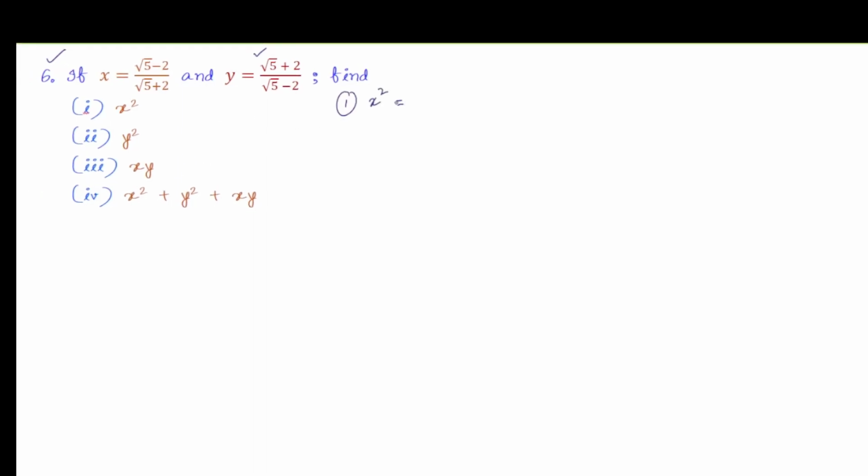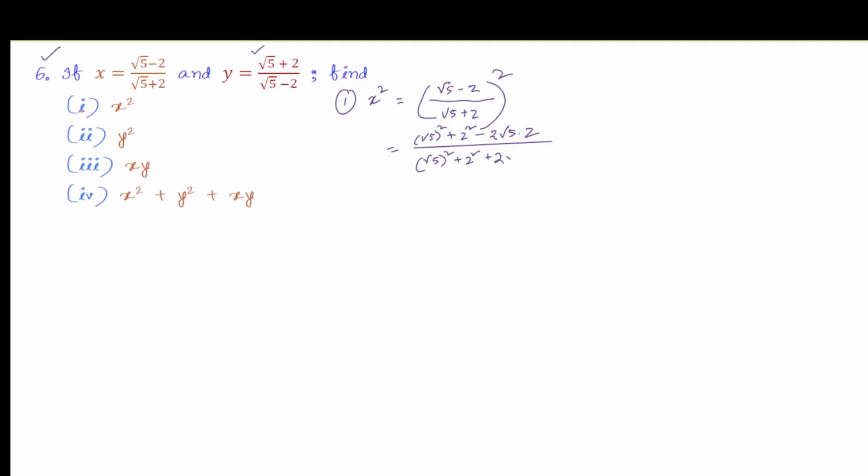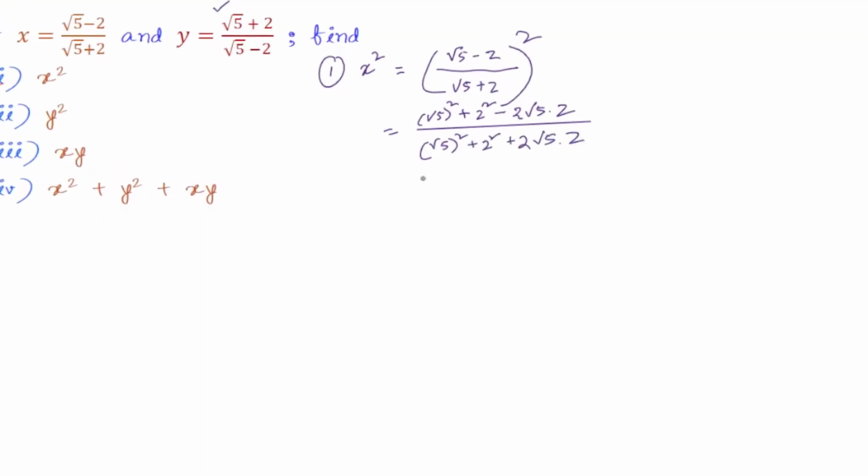x square is equal to ((root 5 minus 2) divided by (root 5 plus 2)) whole square. We can apply the formula (a minus b) whole square in the numerator part and (a plus b) whole square in the denominator part. So (root 5) whole square plus 2 square minus twice root 5 into 2, divided by (root 5) whole square plus 2 square plus twice a into b.